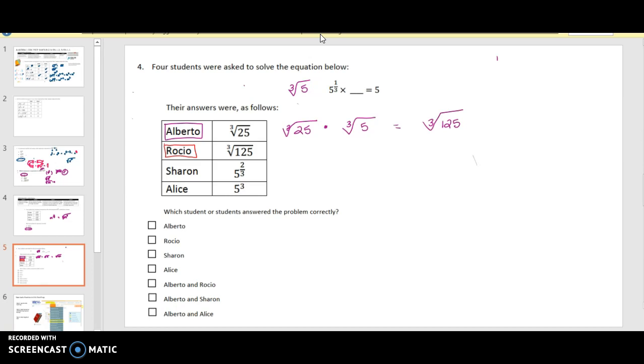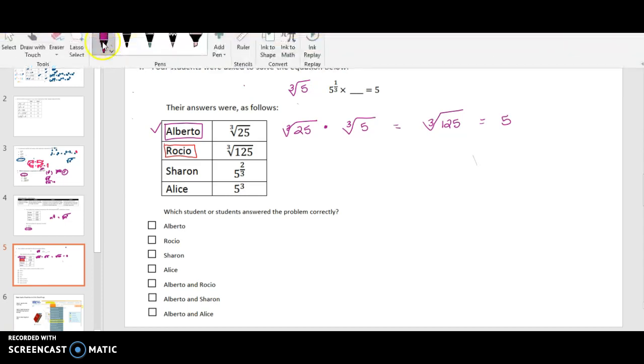Now let's see if that equals 5. We have to find a number times itself 3 times that will equal 125. 2 times 2 times 2 is 8. 3 times 3 times 3 is 27. If you continue this trend, you will see that 5 times 5 times 5 is 125. So Alberto is correct.